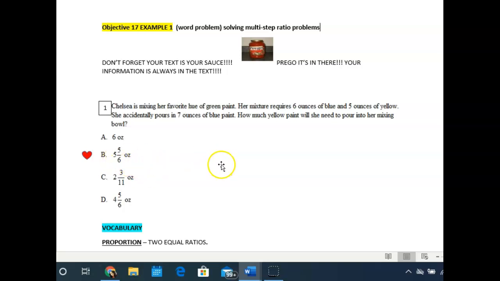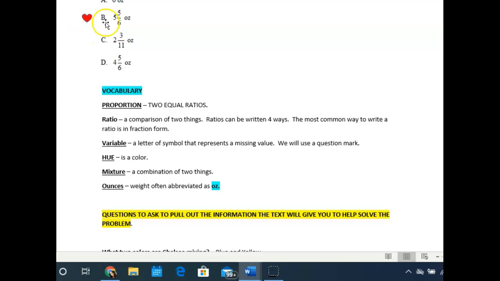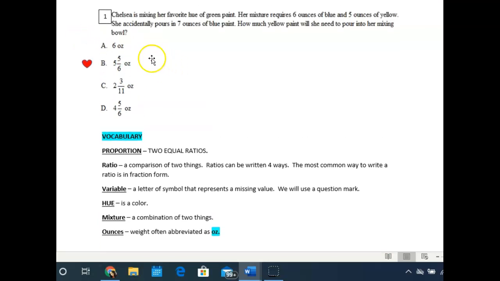And 5.83 repeating will convert to 5 5/6 ounces. So the ounces of yellow paint that we need for our mixture, because we accidentally poured in 7 ounces of blue paint, will be 5 5/6 ounces more.